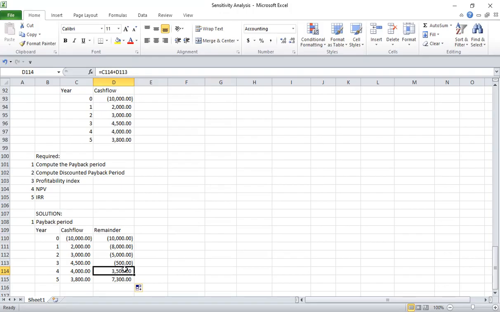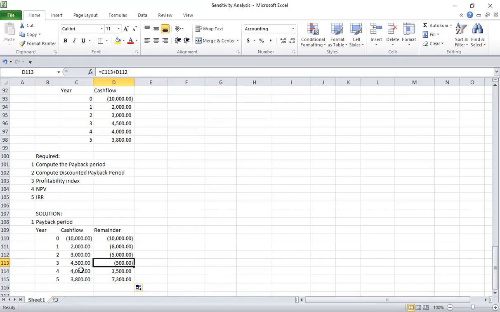But the fact that year 4 has a positive means that we do not need the whole cash flow for year 4 to recover the balance of the 10,000 from year 3. Look here, at the end of year 3, only 500 shillings is left.